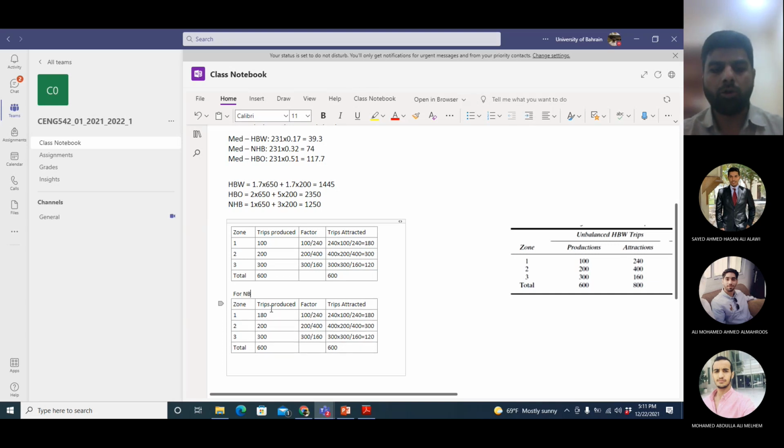For non-home based trips, the first step will remain the same. You do this. If it is non-home based, the next step will be that these numbers will change according to the trip attractions.